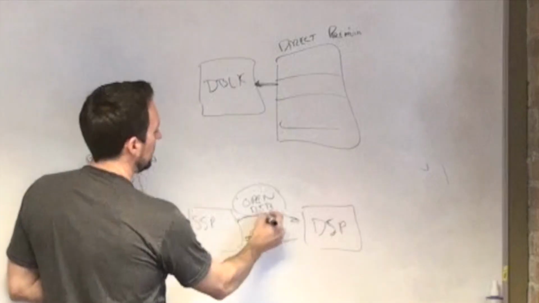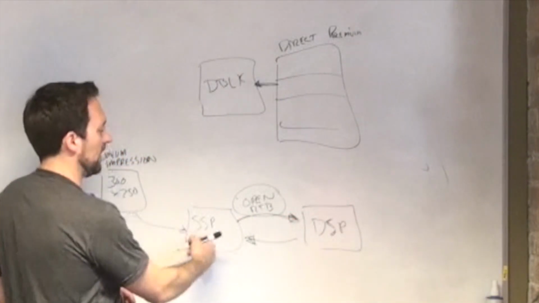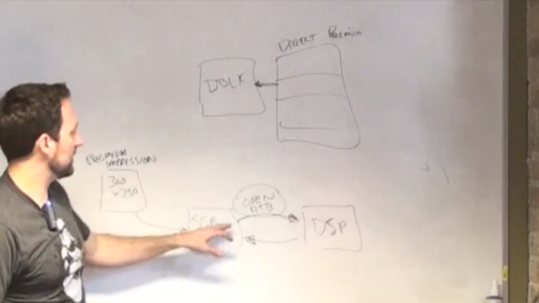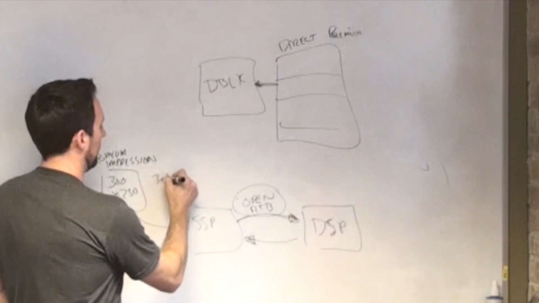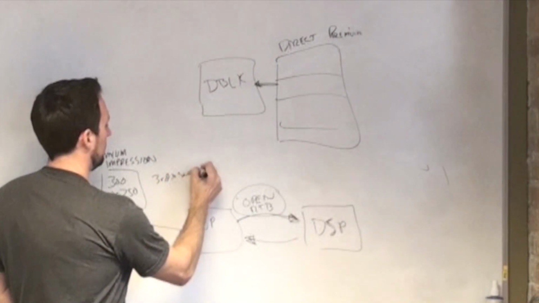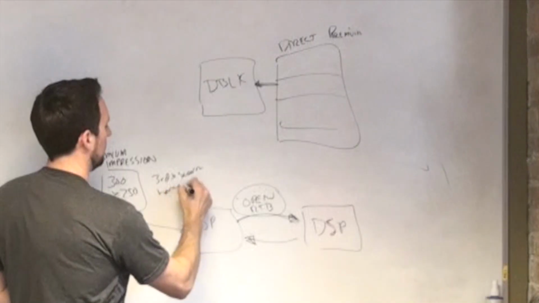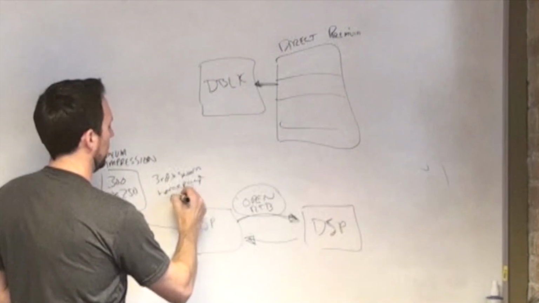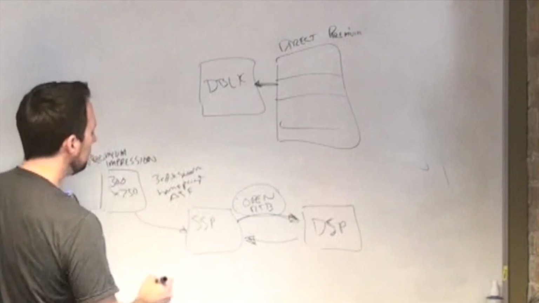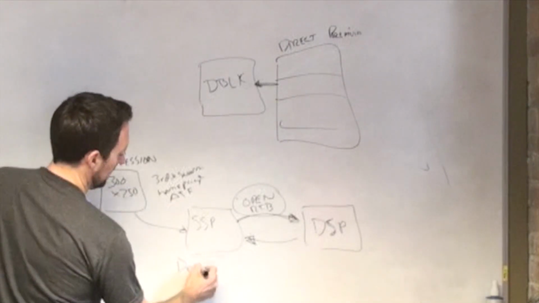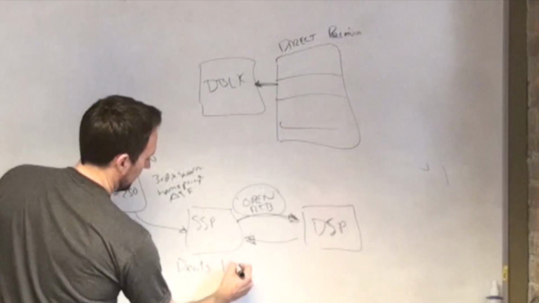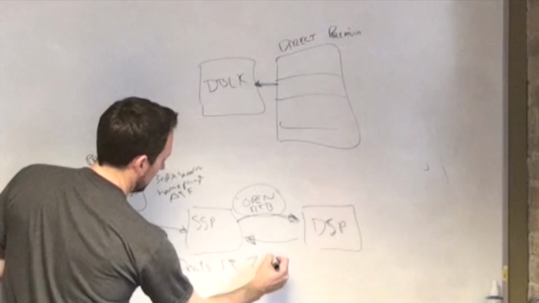And the SSPs, the Rubicons, the Pubmatics, the Admelds of the world, can say, look, this is third in session, homepage, above the fold, and it's a candidate for deals 1, 2, 7, and 12.